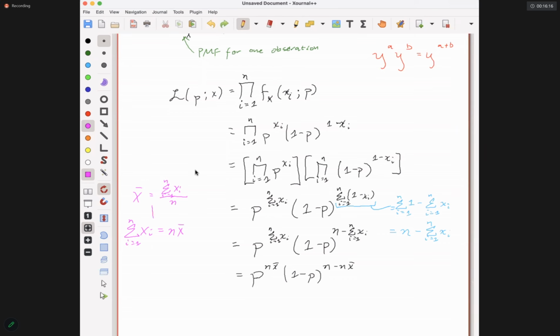And so that just gives us what we have here by multiplying by n on both sides. Does that make sense?